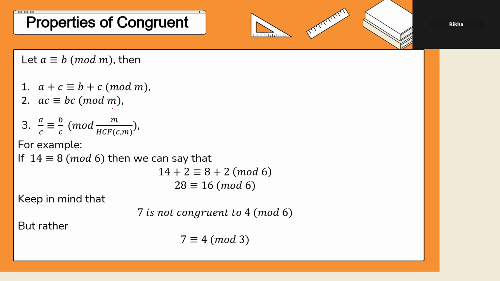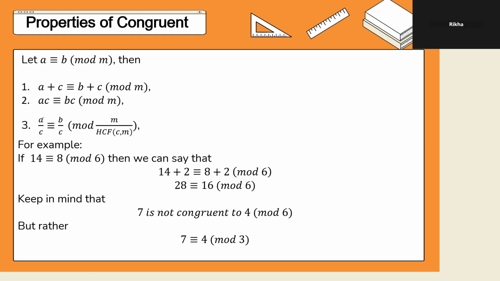The second property is that you can multiply A and B with the same number and the result will still be congruent modulo M. But be careful with division. You cannot just divide A and B with the same number. It's not always going to be congruent, again, modulo M.